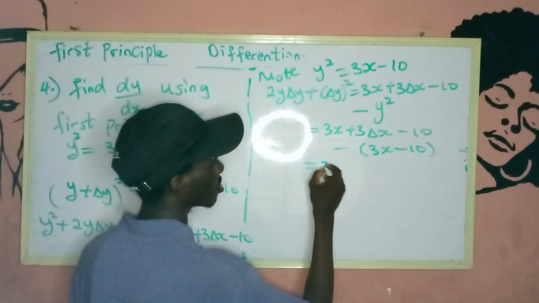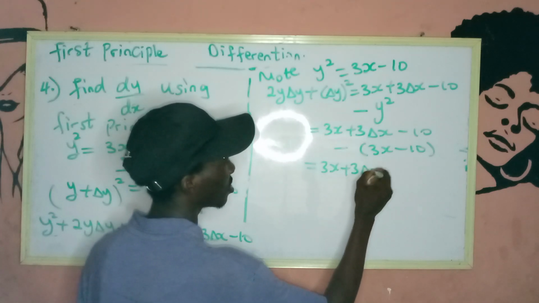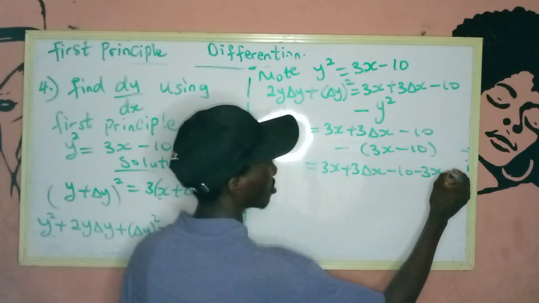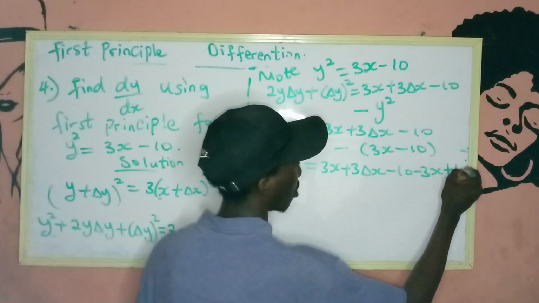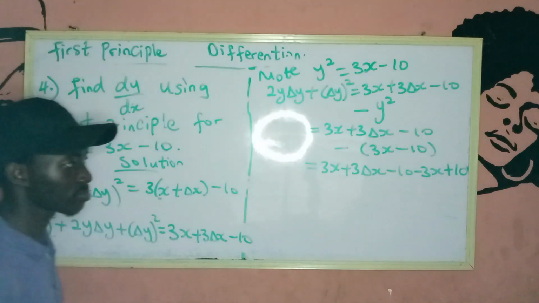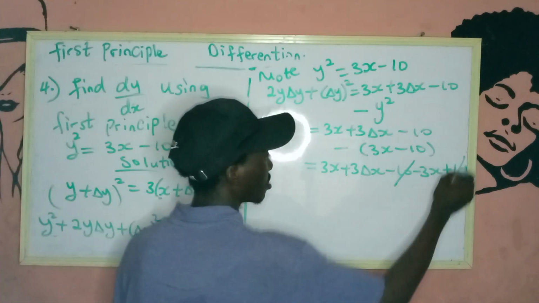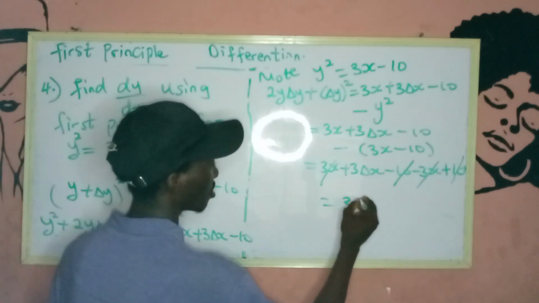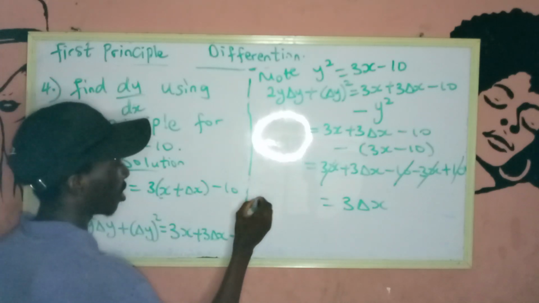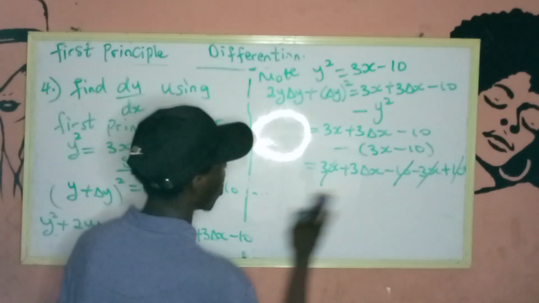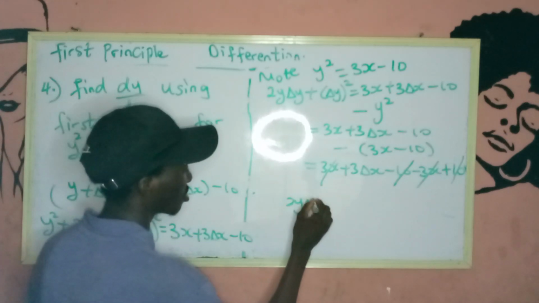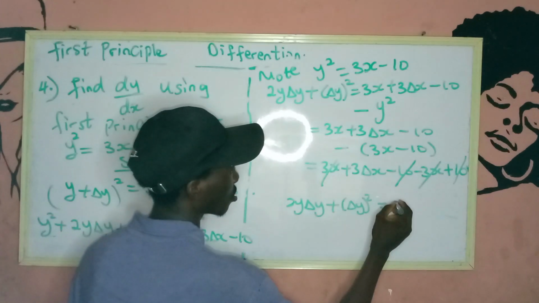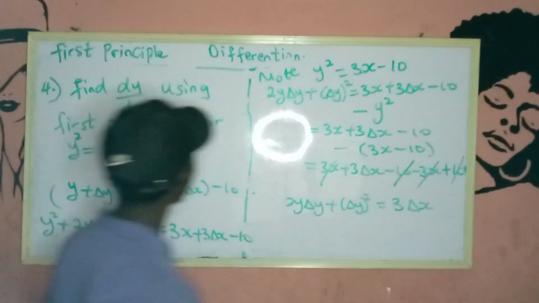So that becomes 3x plus 3 change in x minus 10 is minus 3x, plus 10. Can you see that? So this cancels this, this cancels this. I'll be left with 3 change in x on the right hand side here, and here I'll have 2y change in y plus change in y squared is equal to 3 change in x.